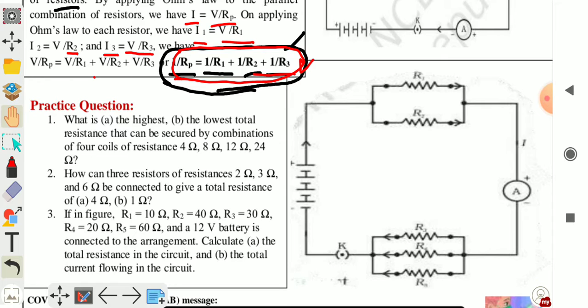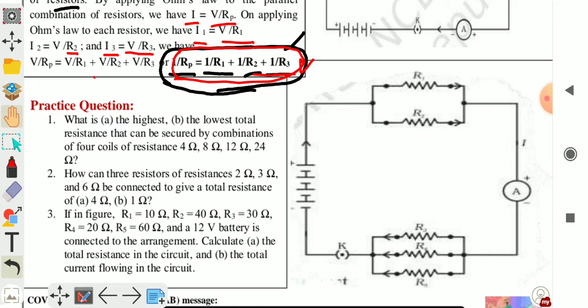If we connect all these 4 resistances in series, we will get the highest resistance, and if we connect all these 4 resistances in parallel, we will get the lowest total. So first you connect them in series and then in parallel.